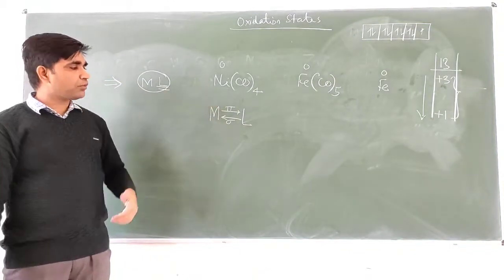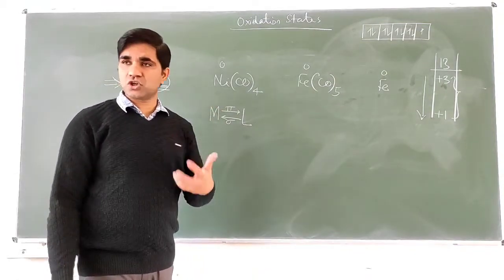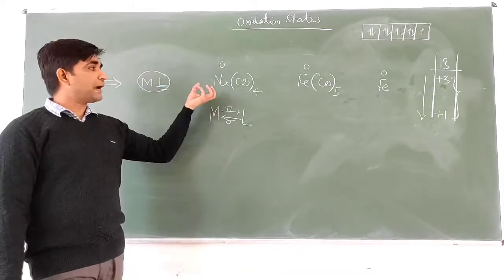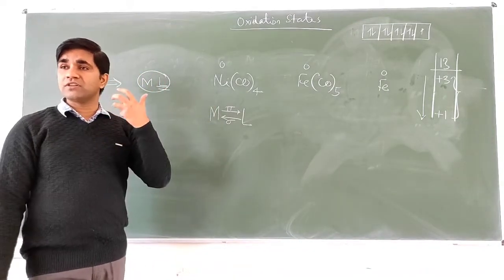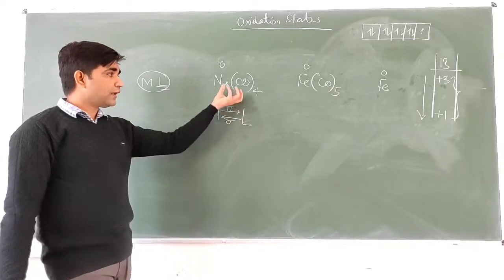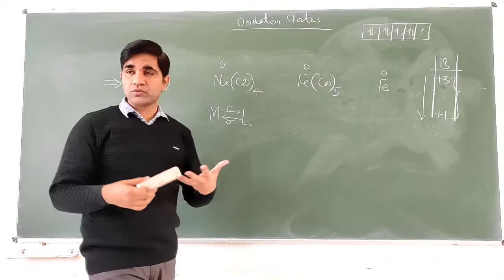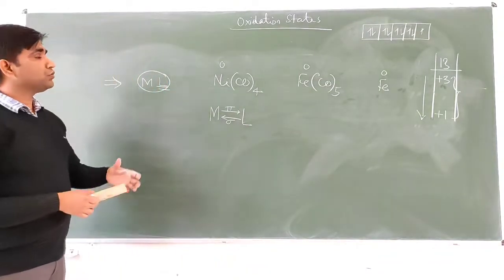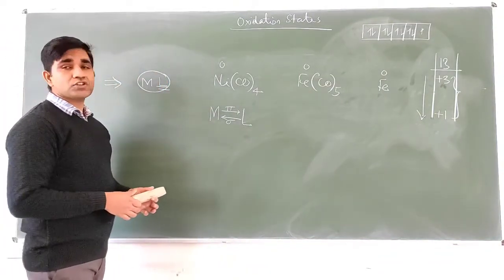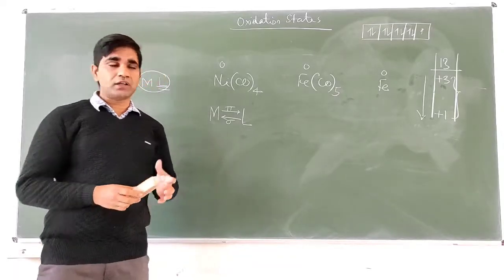So these two types of bonding are collectively known as synergic bonding. So whenever a metal forms synergic bonding with certain kinds of compounds like carbonyls, then its oxidation state is 0. This is also one of the very important facts. So this is all about the oxidation states of transition elements or d block elements.